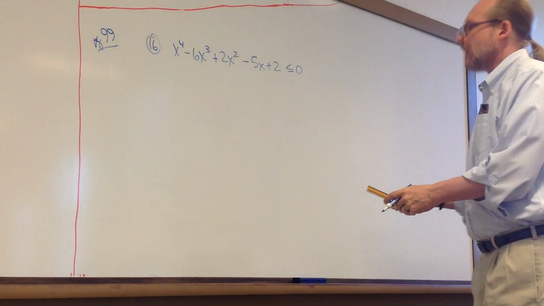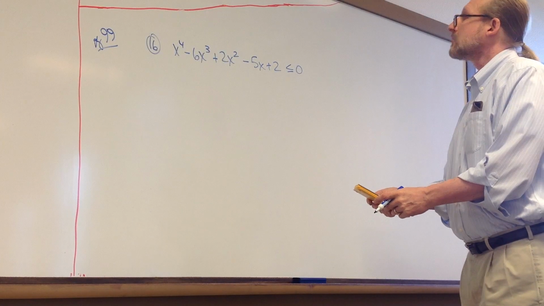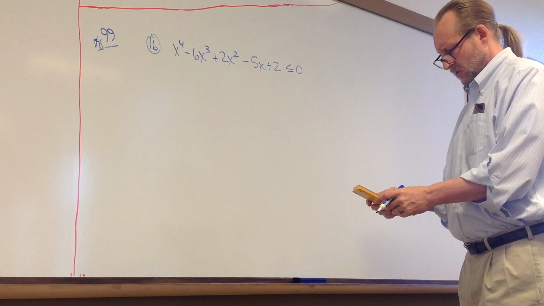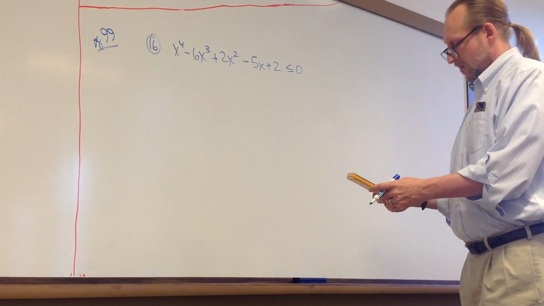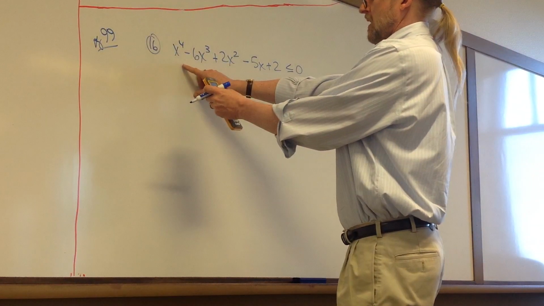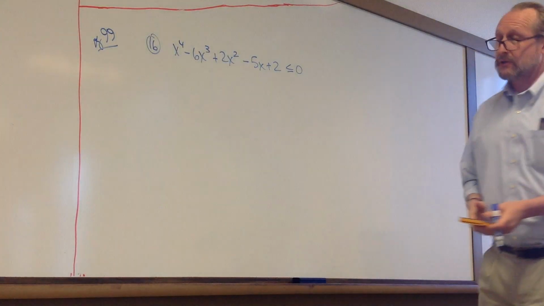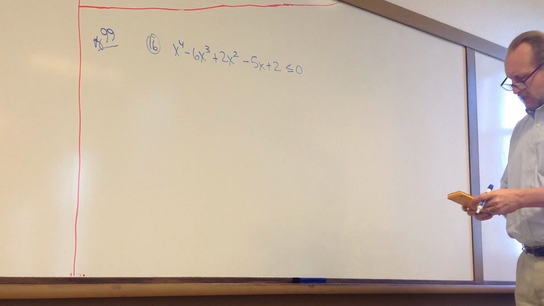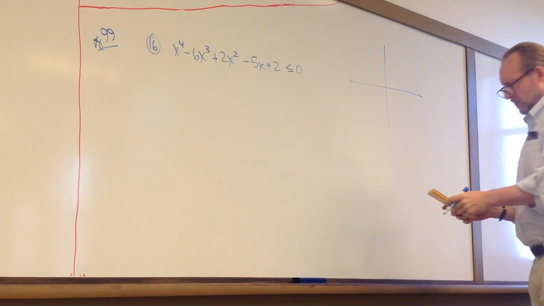So we'll go ahead and graph this one. 6x cubed, 2x squared, minus 5x plus 2. And again, I encourage you to double check what you've typed in just to make sure that you didn't hit a button there. Okay, so let's look at this in the standard window and see what it looks like.